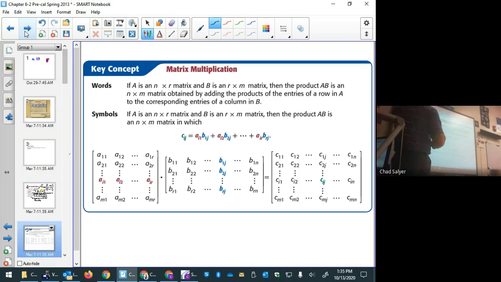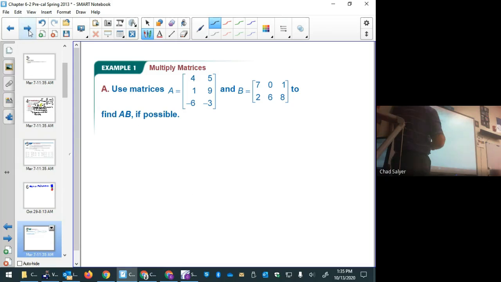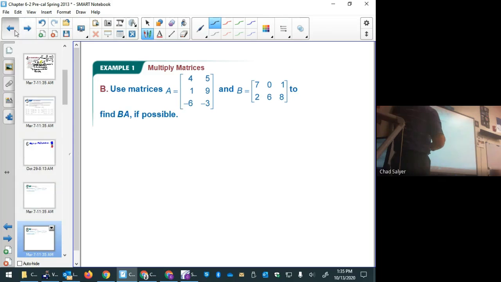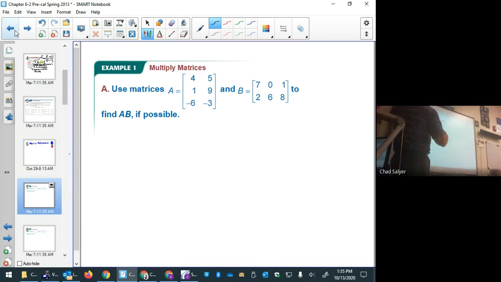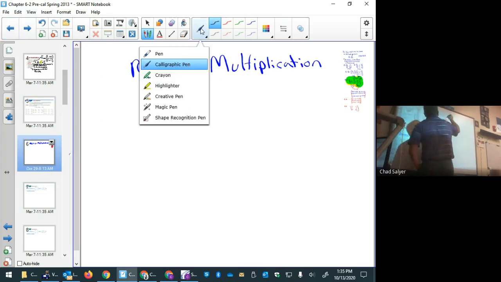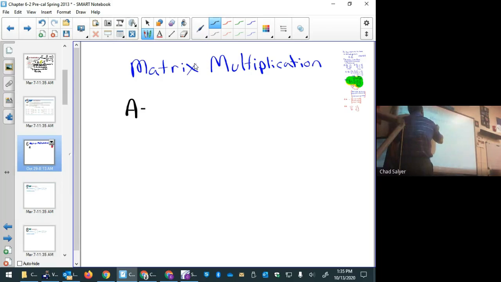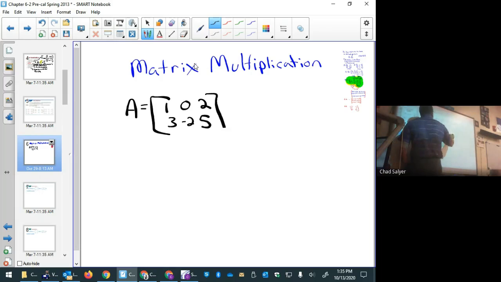So matrix multiplication. The best way to explain this is through an example. Let's let A equal 1, 0, 2, 3, -2, 5. I'm just making up stuff off the top of my head.